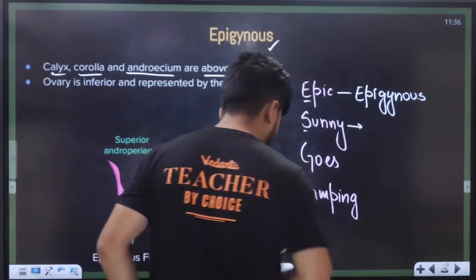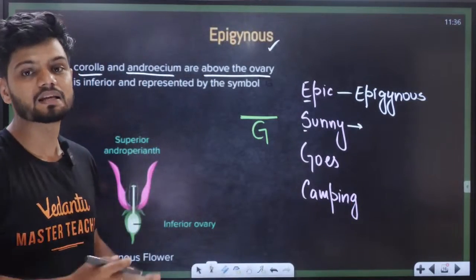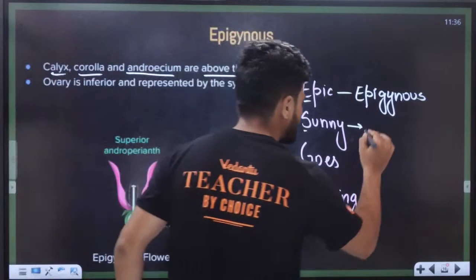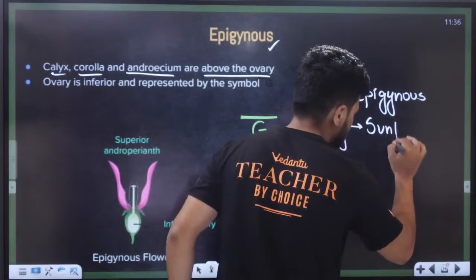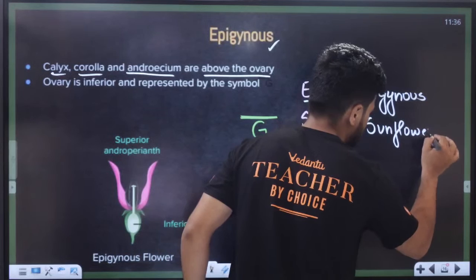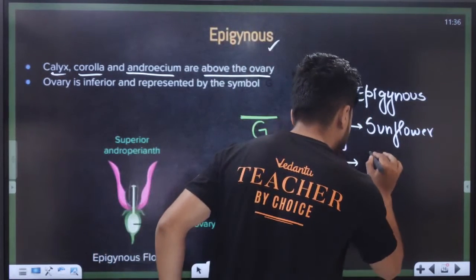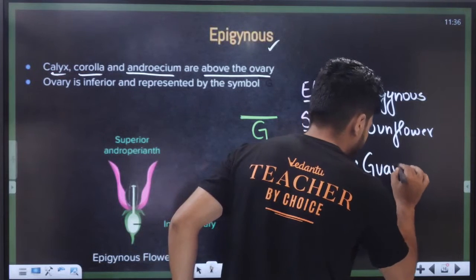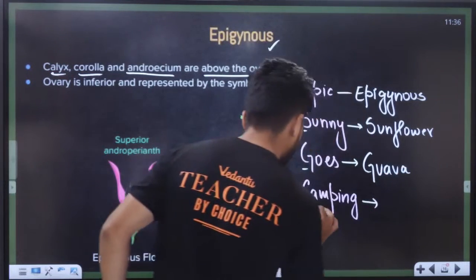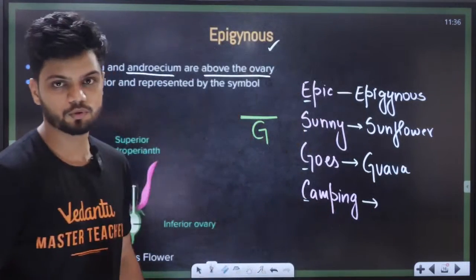Now what does S stand for? Can anyone tell me? The S here is sunflower. Now what is G? G is guava. And what is C here? The C stands for cucumber.